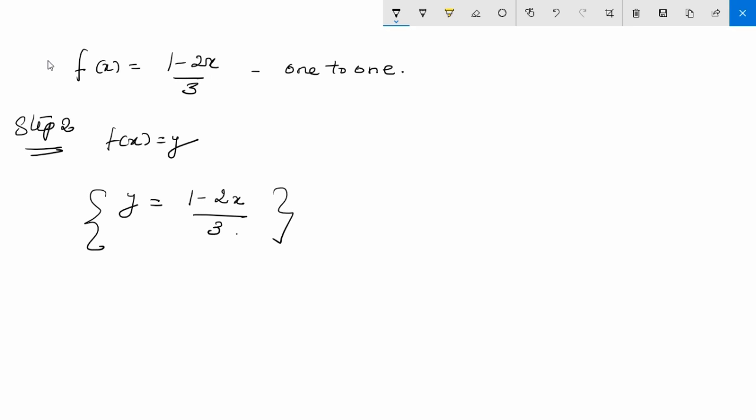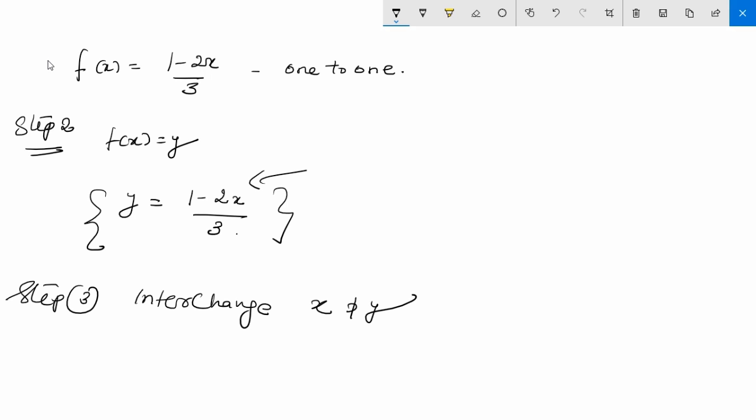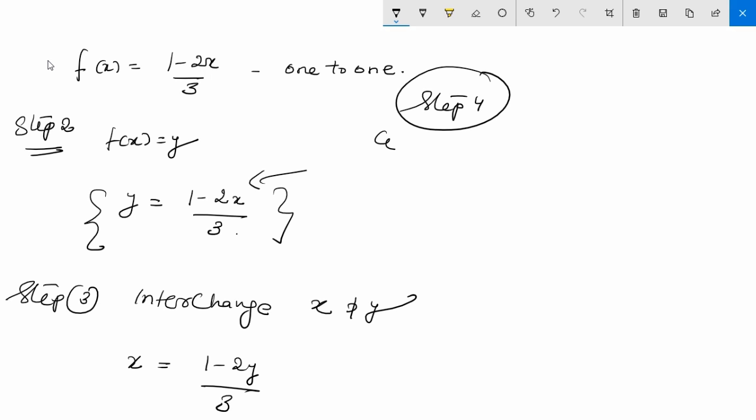After this, step 3 is to interchange x and y. So you get x equals 1 minus 2y divided by 3. And step 4 is to write y in terms of x.